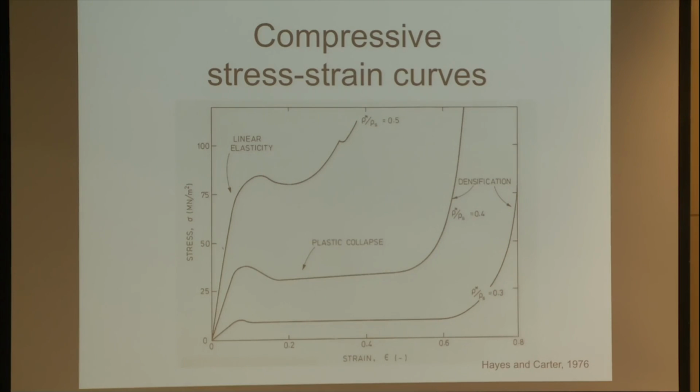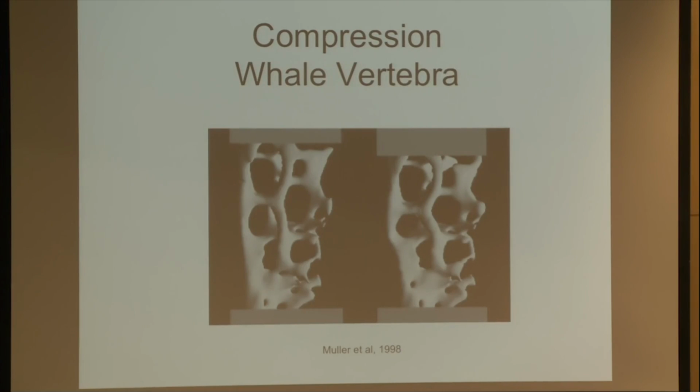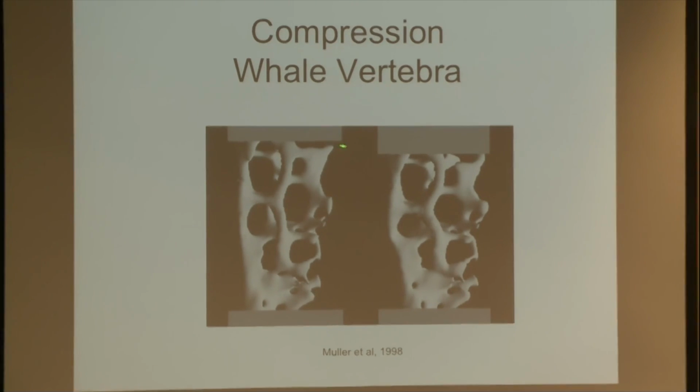And if we look at the mechanisms of deformation and failure, people have looked at this. These are on whale vertebrae. So these are tests that are done in a micro CT machine, again by Ralph Mueller's group. And here the specimen is unloaded, and here's the same specimen loaded. So you can see this platen has come down a little bit.